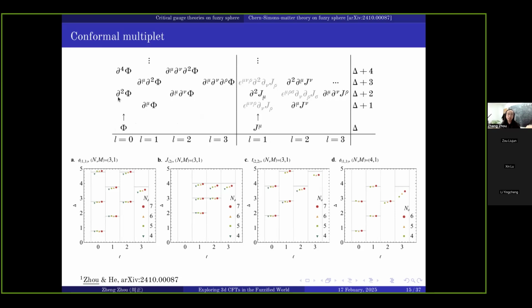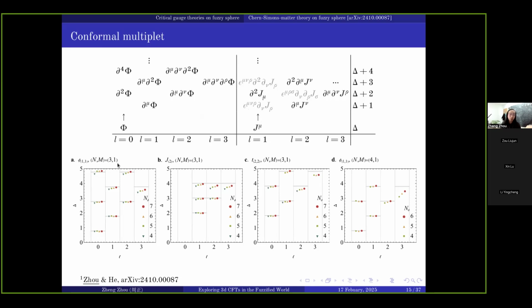If we act twice, there are two options: either the spin 0 Laplacian phi, or the spin 2 partial partial phi. This structure continues infinitely, which forms a tower-like structure. And for spinning primaries, there are also structures that include the antisymmetric epsilon tensor.